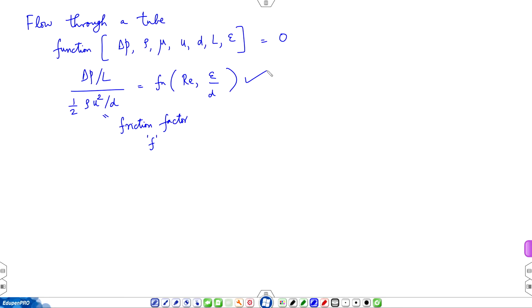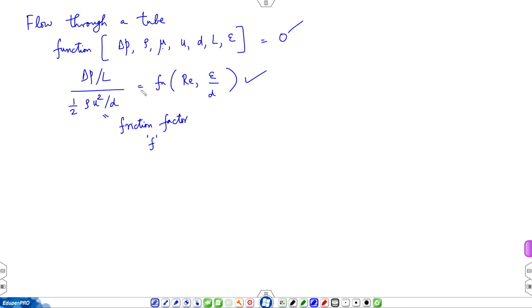Now, one more advantage of this representation is compactness. If you had to represent the governing equation in dimensional form, then you would have to specify delta P for every rho, every mu, every u, every d, every L and every epsilon.